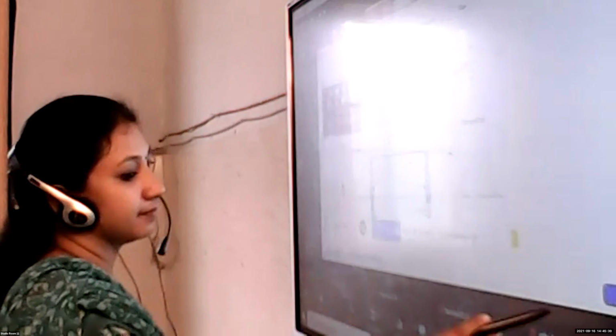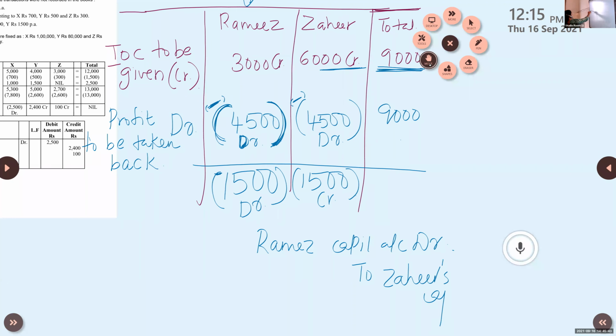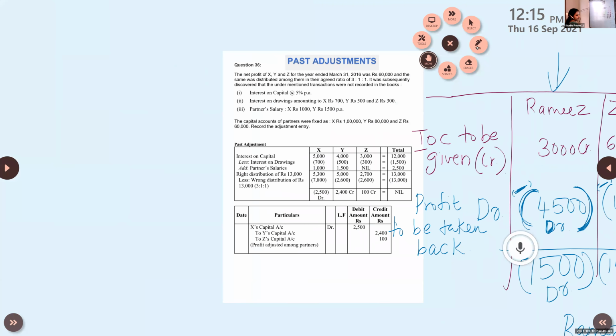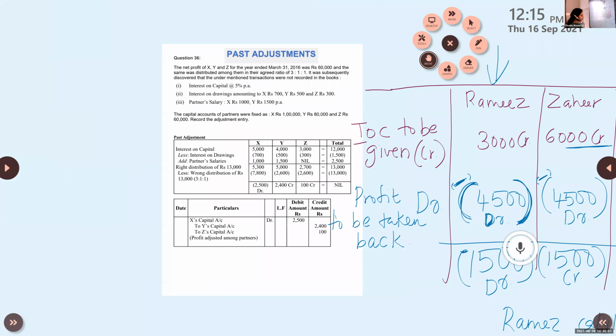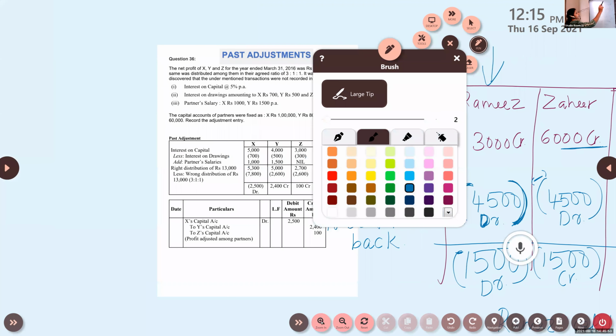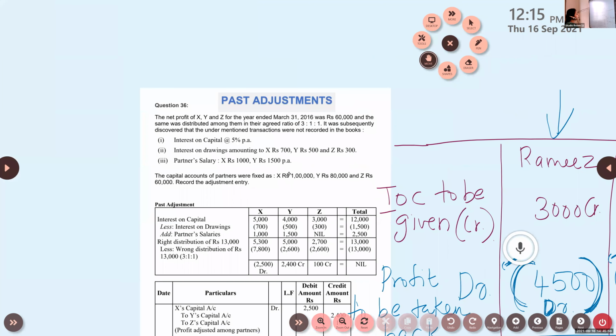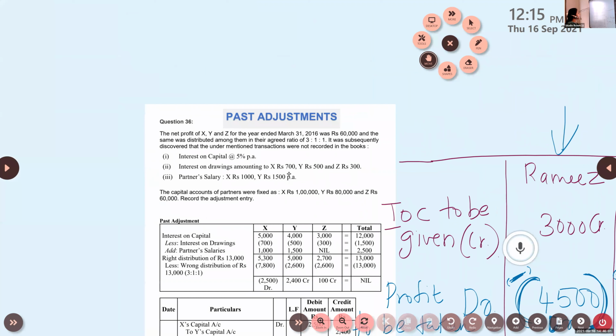Net profit of X, Y, and Z for the year ended was 60,000.